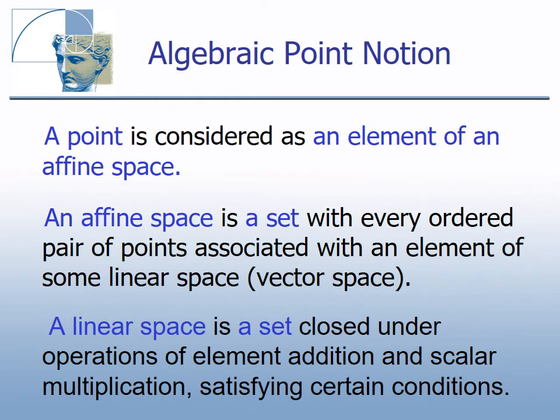The logic of the point introduction in linear algebra and analytical geometry is as follows. A point is considered as an element of an affine space. An affine space is a set with every ordered pair of points associated with an element of some linear space, a vector space. A linear space is a set closed under operations of element addition and scalar multiplication, satisfying certain conditions.